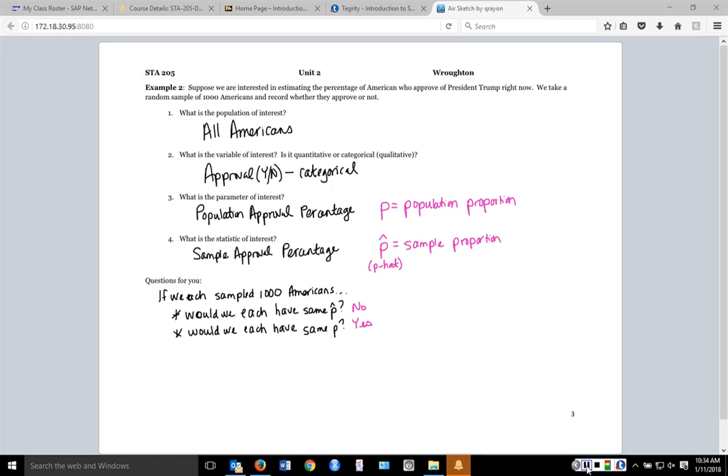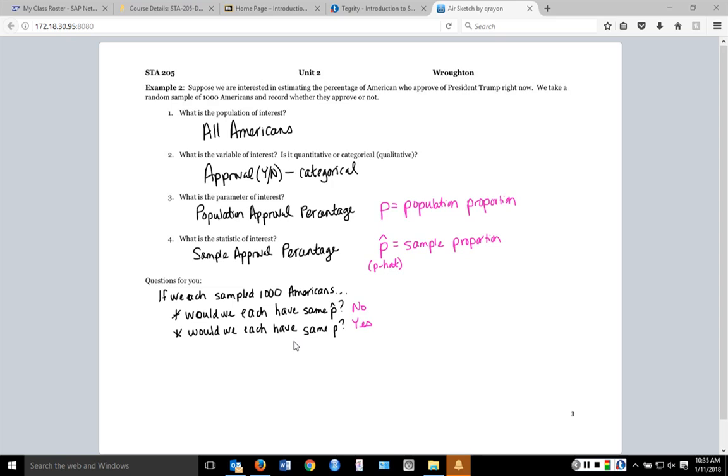So we all have the same goal, but we're taking different samples. Think of a similar idea like those games, guess how many jelly beans are in the jar. There is a true number of jelly beans in that jar, basically a true population value, but we're each going to come up with different guesses. We're all trying to estimate the same thing.